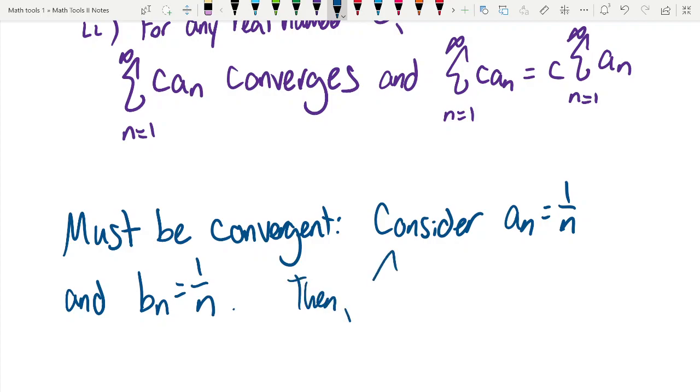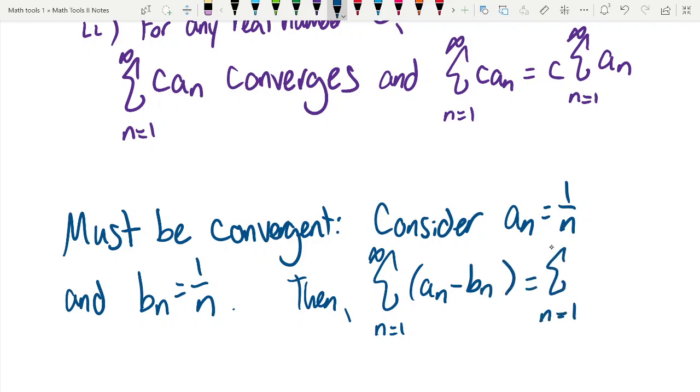Then the sum from n equals 1 to infinity of a sub n minus b sub n is equal to the sum from n equals 1 to infinity of 0, which is clearly going to be 0, because you can add 0 an infinite number of times and it's always going to be 0.